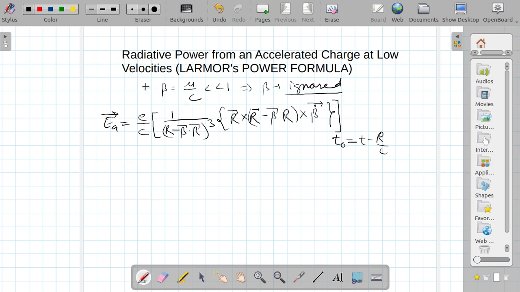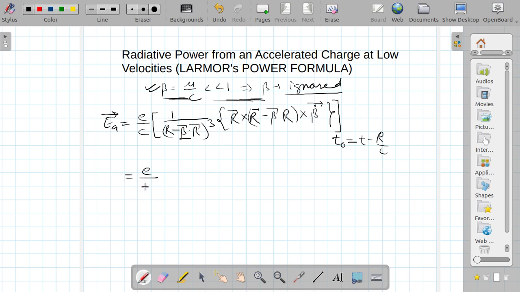Now, using this approximation, beta can be ignored here and here, so the whole of this term can be ignored, and similarly this term can also be ignored. I also ignore the square bracket for the sake of simplicity.